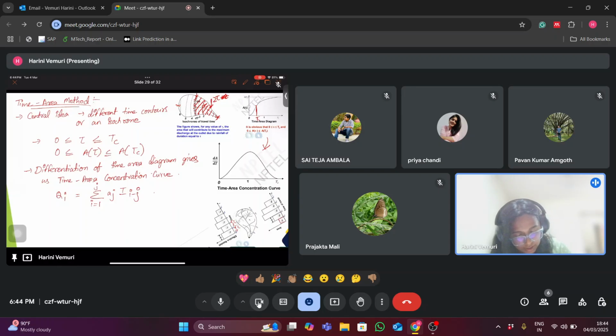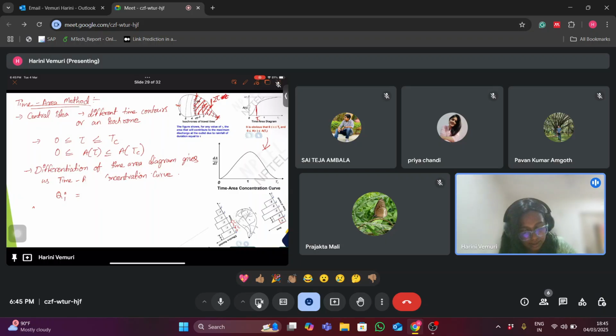Suppose for time step 2, Q2 is equal to, first value is A2 into I times of... So for j equal to 2, I have written the equation wrong. Let me correct it once again.